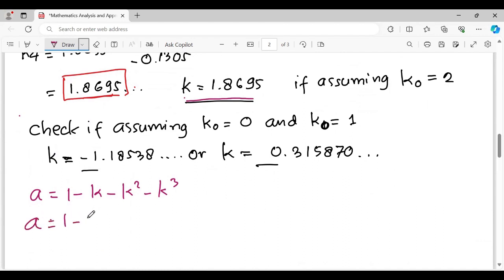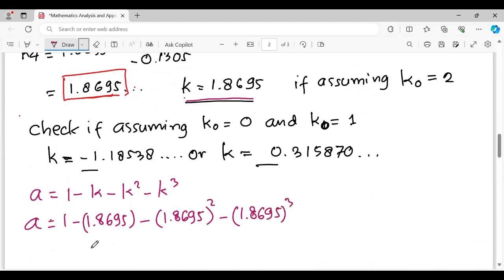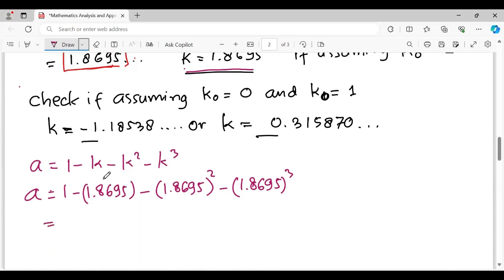1 minus 1.8695 minus 1.8695 squared minus 1.8695 cubed. If you calculate, you can find the result is minus 10.8987.